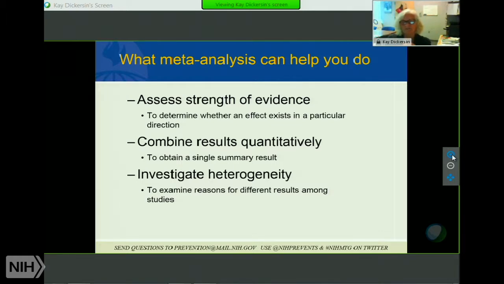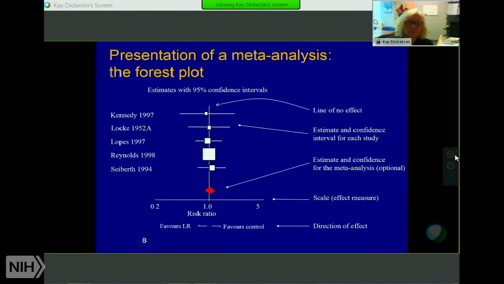And it also allows you to investigate the heterogeneity among the results of the study. So why are they so different? The quantitative assessment can give you, although it's quite underpowered, some sort of feel for what the heterogeneity of the different results is.